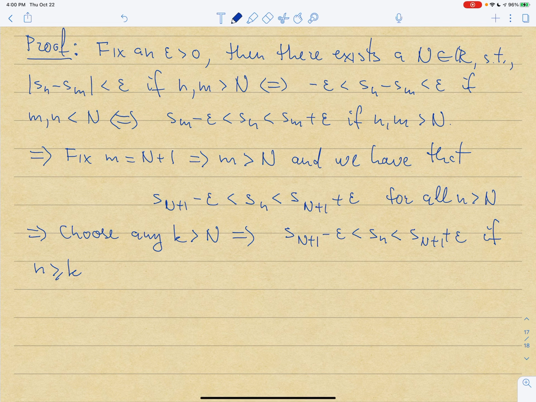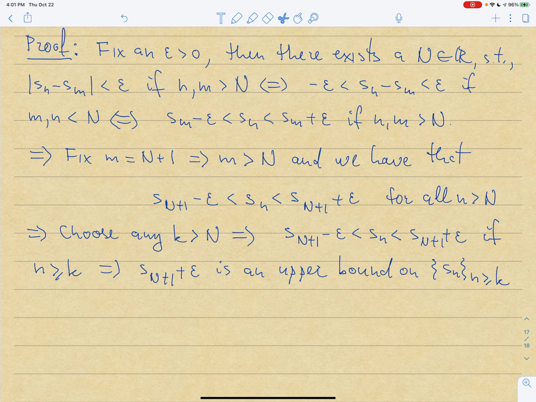But that means that S_{N+1} plus epsilon is an upper bound on the set that consists of all Sn with n greater or equal to k.